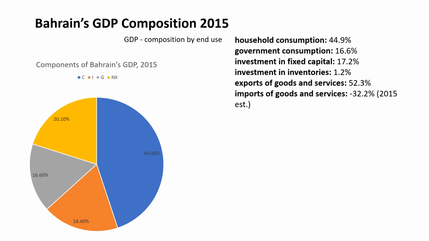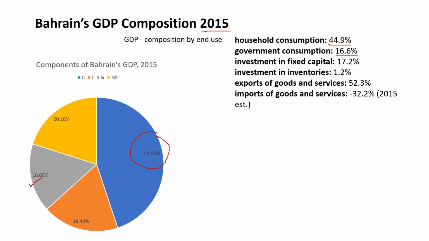Now in this slide we have Bahrain GDP composition in 2015. Household consumption represents 44.9%, which is the blue area. Note that household final consumption expenditure is typically the largest component of final use of GDP. And then we have government consumption at 16.6%.